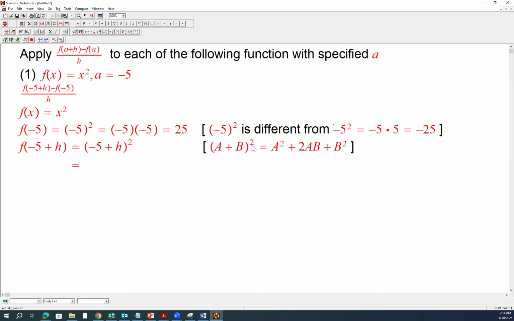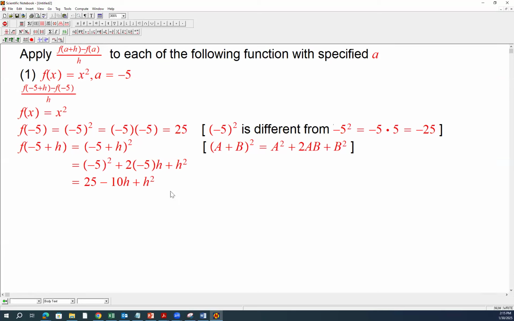We apply this formula. Obviously, a is -5, b is h, right? So a is negative 5 squared plus 2ab, 2 times negative 5 times h, plus h squared, okay, equals, we got 25 minus 10h plus h squared.